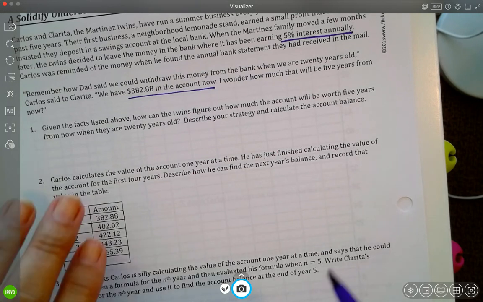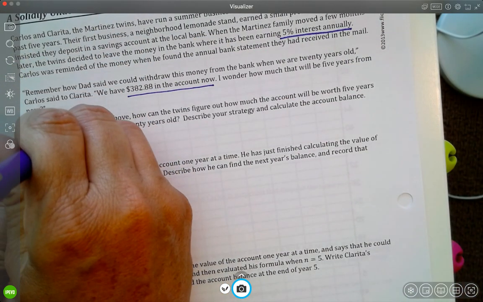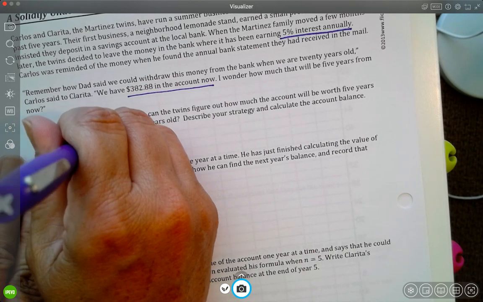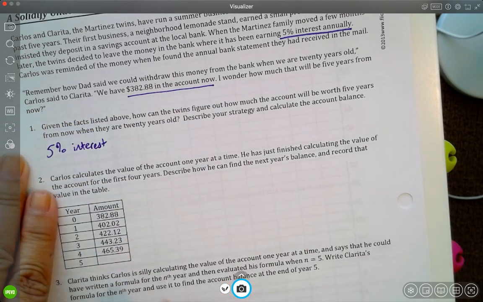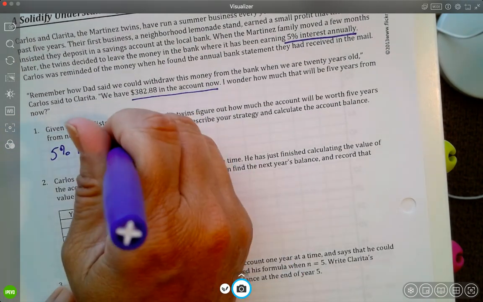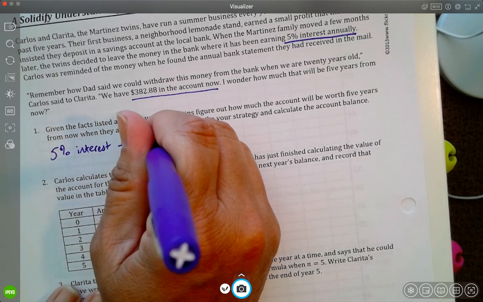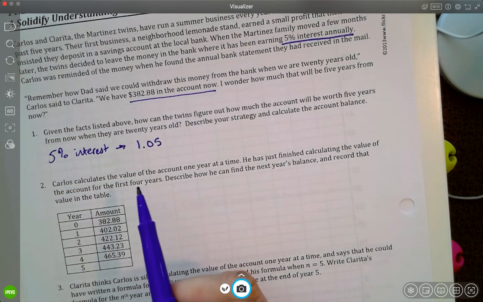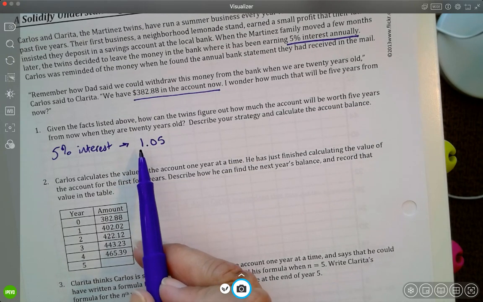Well, 5% interest annually is actually converted to 1.05, right? Because if they want to figure out how much money they're going to have, it's like 100% of the money they have plus 5%.